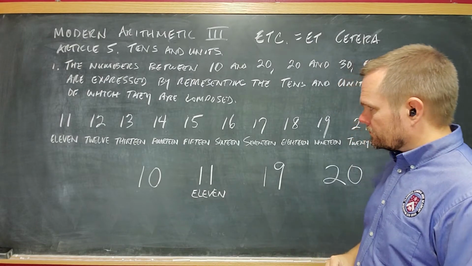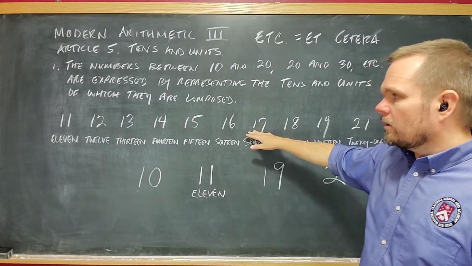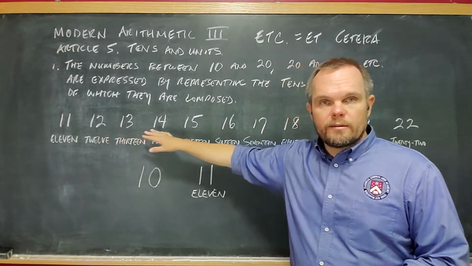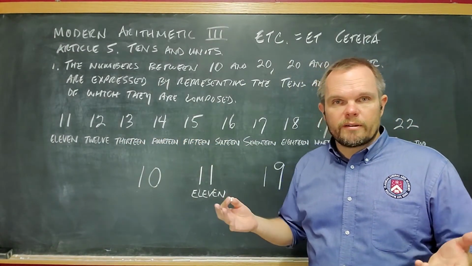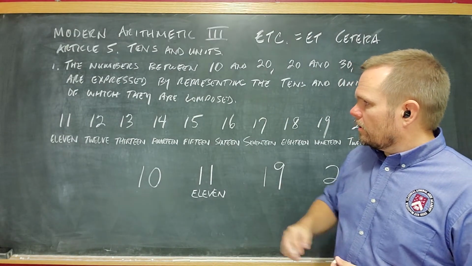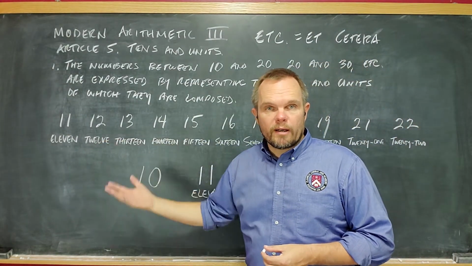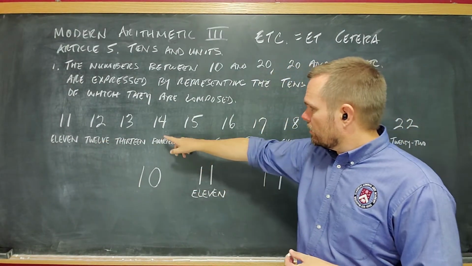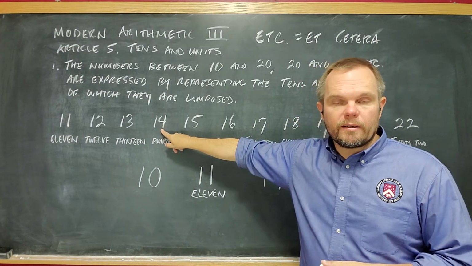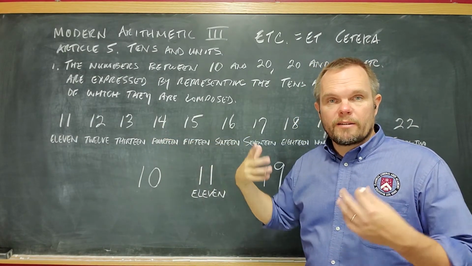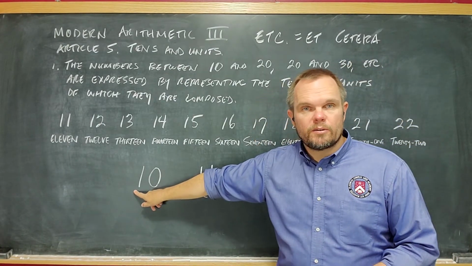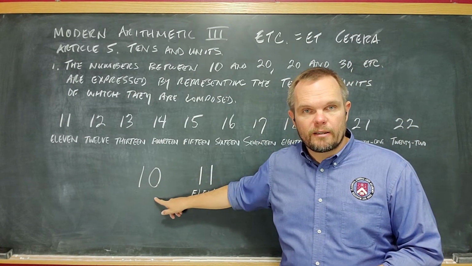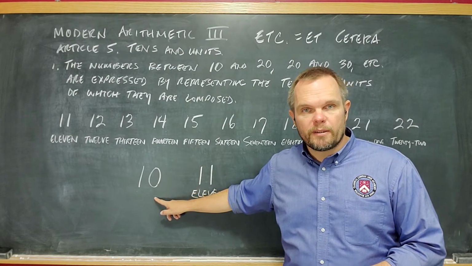Okay? We're still only using 10 characters of Arabic notation. So it's very simple still. When we write the numbers 1 through 9, we simply use the numbers 1 through 9 in the units place. When we get to the number 10, we simply move 1 into the tens place and leave the units place empty.